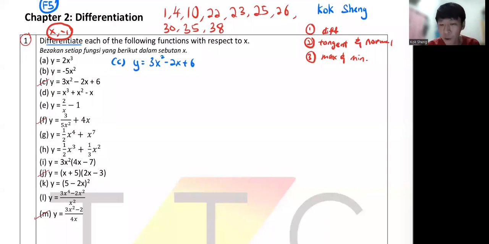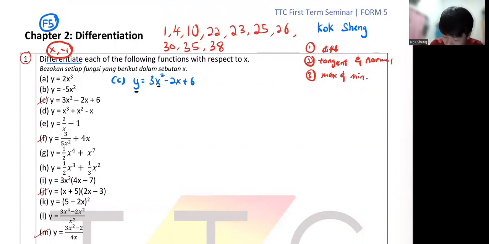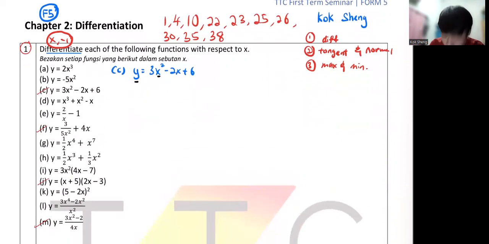So first thing here is, of course, about the symbol. After you differentiate, what's the symbol that you have to write? From here, this is the equation of y equals to x, so you write dy over dx for the symbol. Now we can start using the power of x to differentiate it.